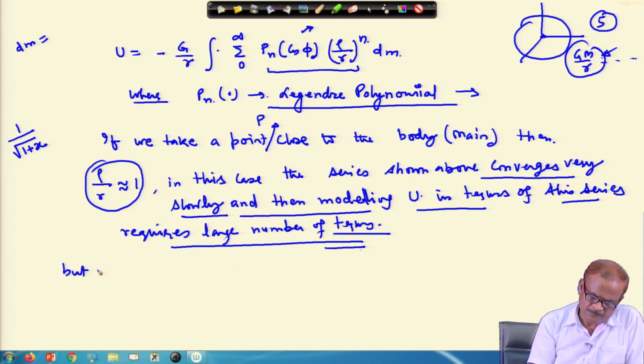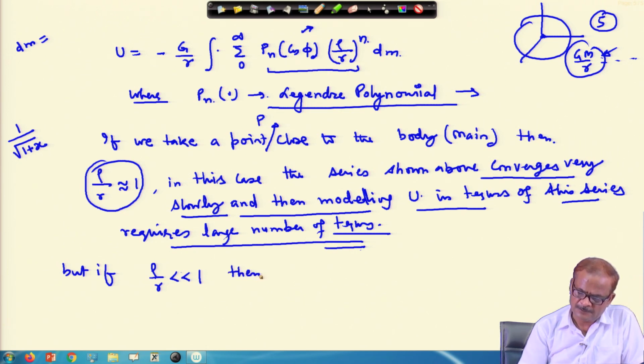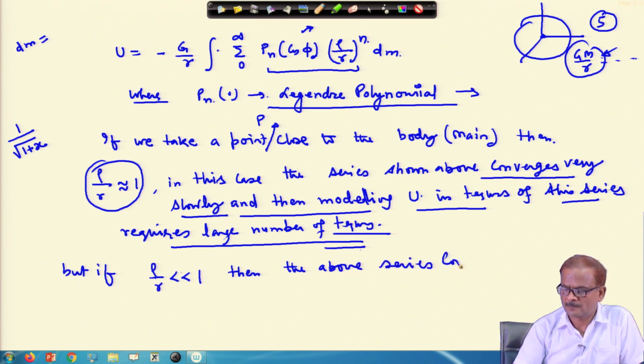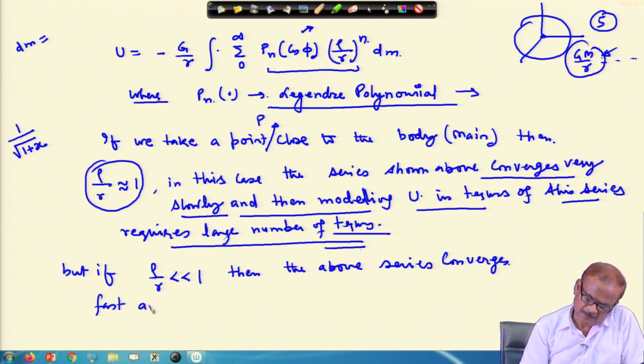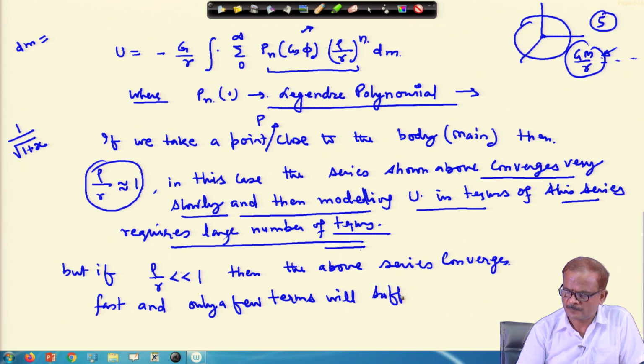But if rho by r is much less than 1, meaning r is quite large as compared to rho, then the above series converges fast and only a few terms will suffice in such cases.